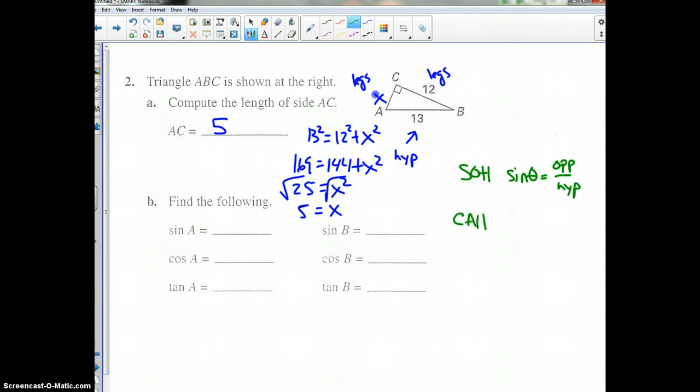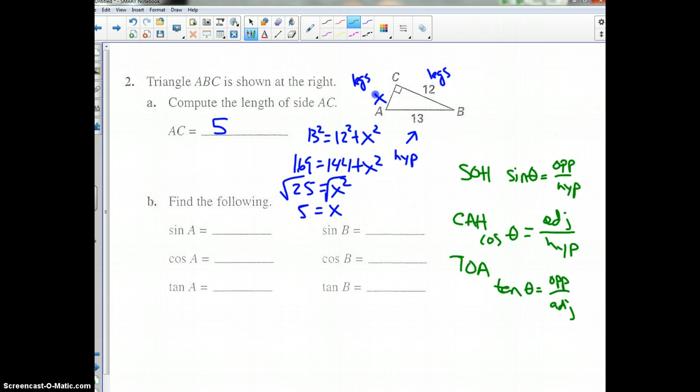CAH, cosine is the adjacent side over the hypotenuse, and TOA, in this case, means the tangent is the opposite over the adjacent. I should have a theta in each one of these.